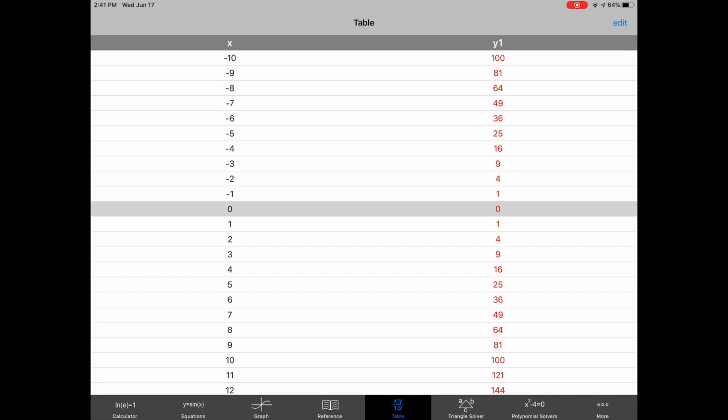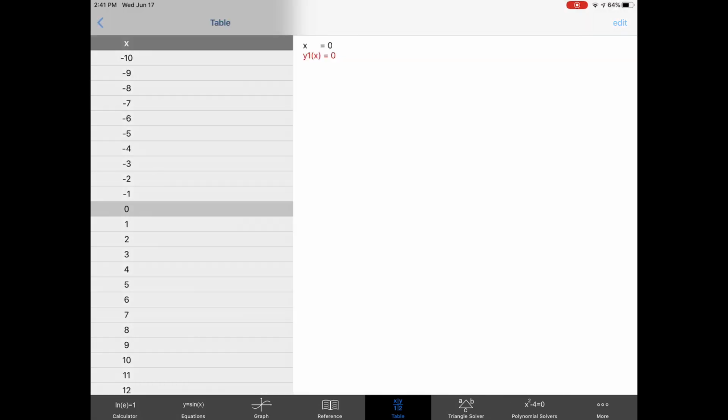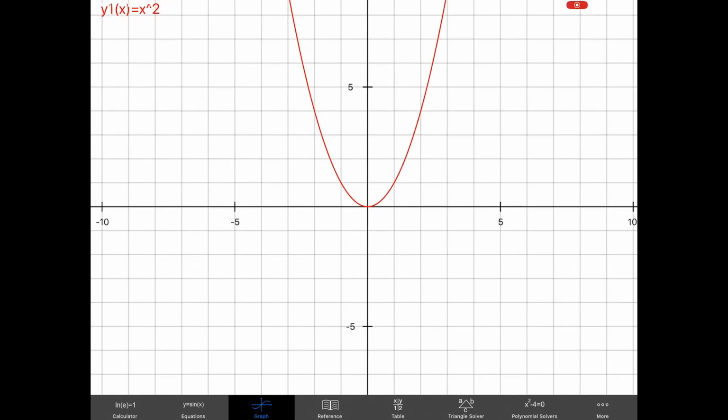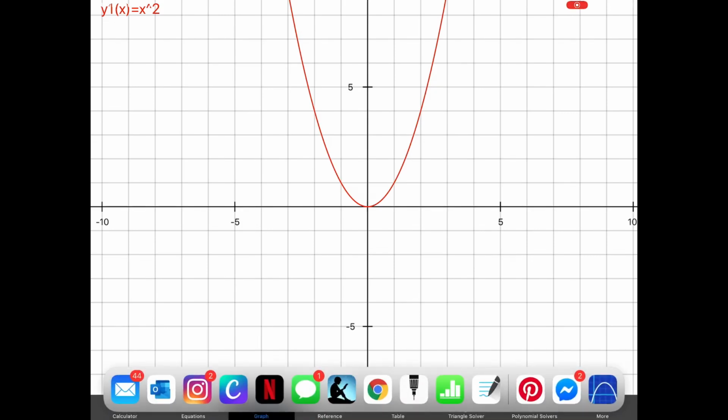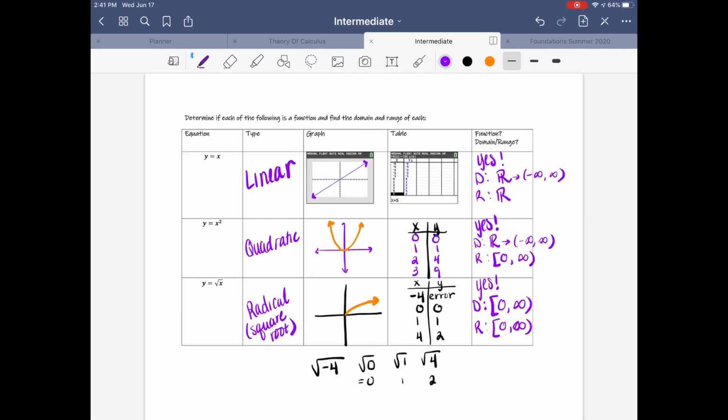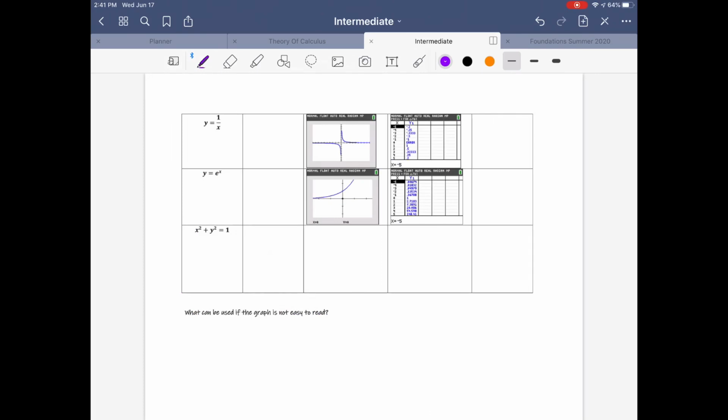You will notice that 0, 0 is the lowest point, and then on either side of that it goes 1, 1, 4, 4, 9, 9, 16, 16. So that's showing that U-shaped graph. We're at 0, 0, and then it goes up from there. So it only has positive y values in its table, sorry.